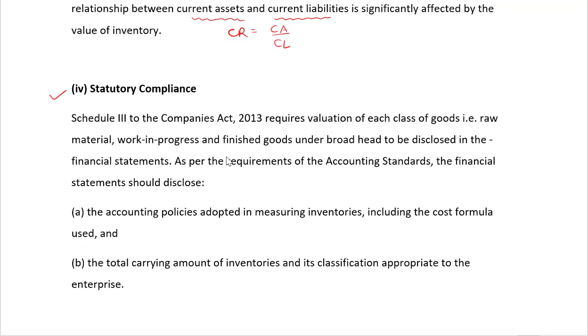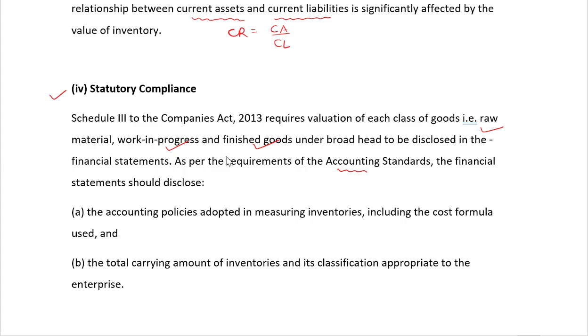Fourth, statutory compliance. Schedule 3 of the Companies Act 2013 requires valuation of each class of goods, that is raw material, WIP, finished goods under the broad head to be disclosed in the financial statement.